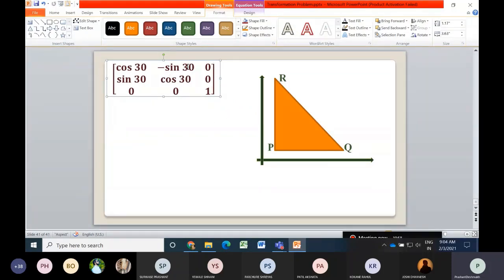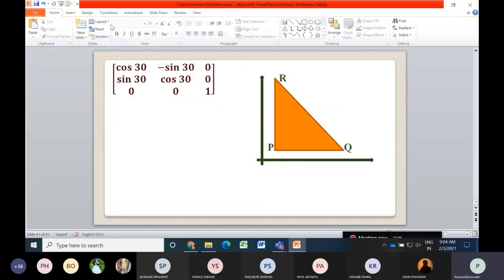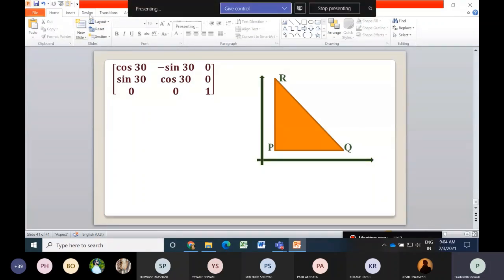So cos theta, minus sin theta, 0; sin theta, cos theta, 0; 0, 0, 1. So how will this be transformed? If we select this, we will have one reference line.